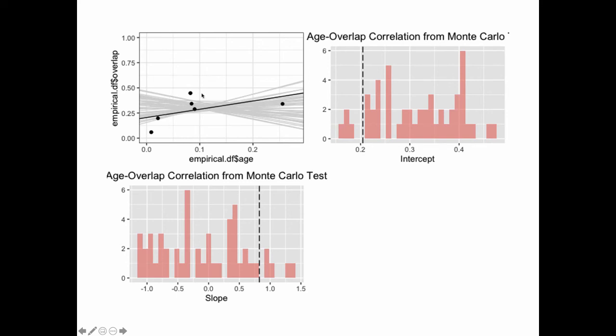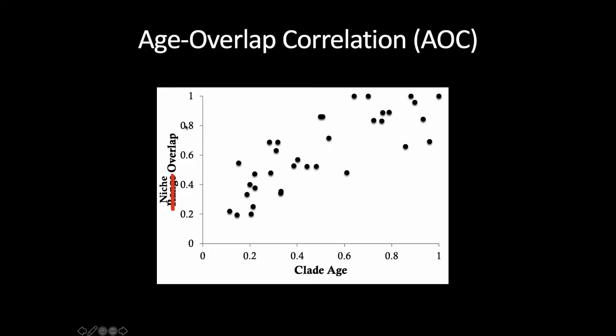Obviously there are 6 nodes on this tree, so this is not a lot. We usually want to use bigger trees than that. But what is age overlap correlation? It's literally the exact same thing, except that we calculate niche overlap or some other sort of overlap, and then do the same randomization test. So this could be niche models in geographic space. It could be niche models in environment space.